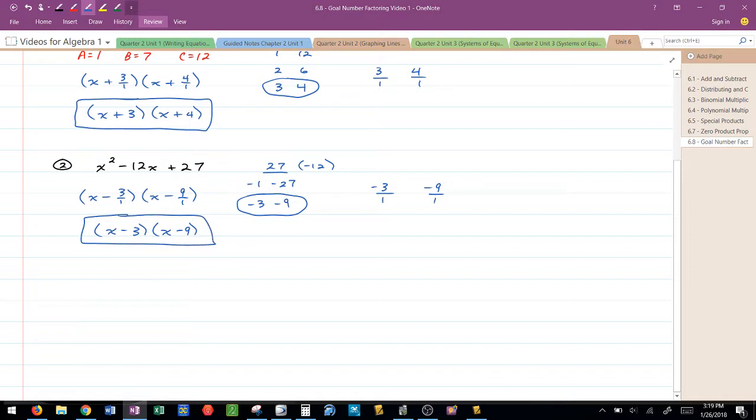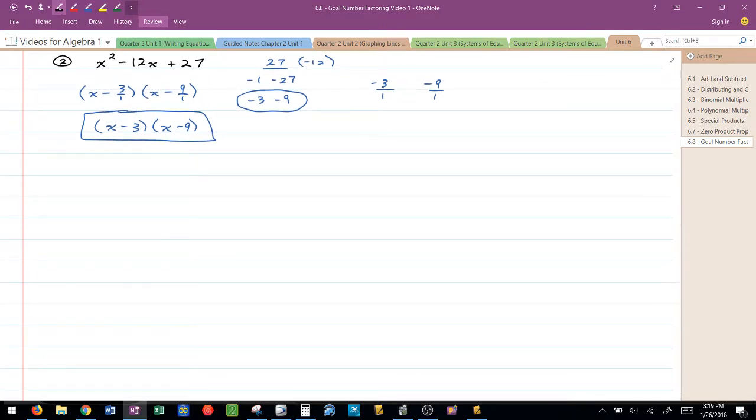Okay, so let's try another one. I got 4 examples planned. Example number 3. Let's say this time they give us x squared plus 3x minus 18. Now, if you notice, what I've been doing on each of these examples is I have been changing what the plus and the minus are within the trinomial.